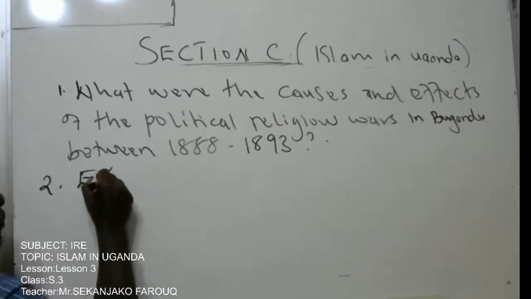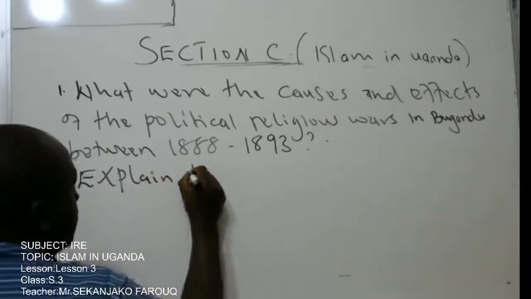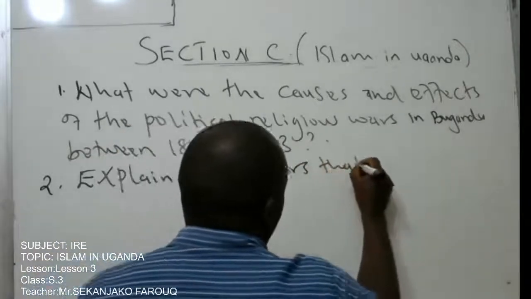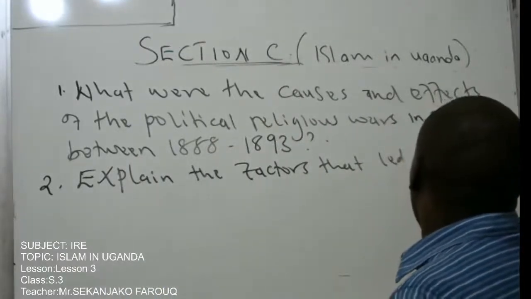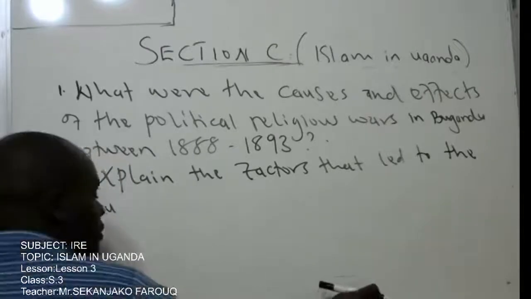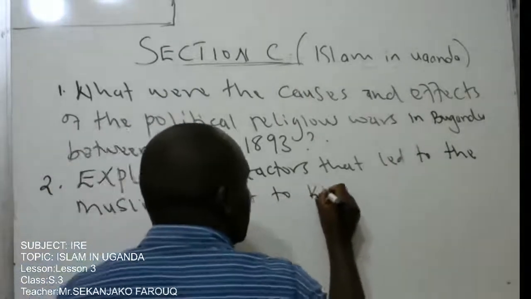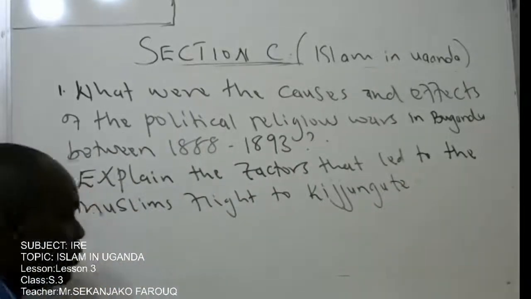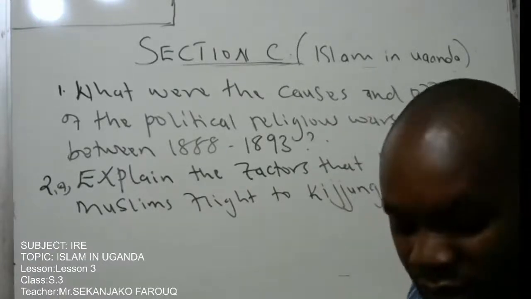Explain the factors that led to the Muslims' flight to Kijungute. Then part B.